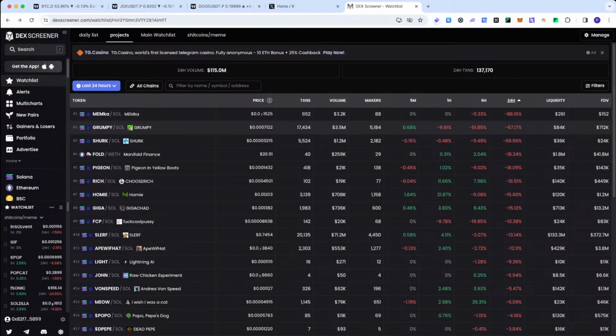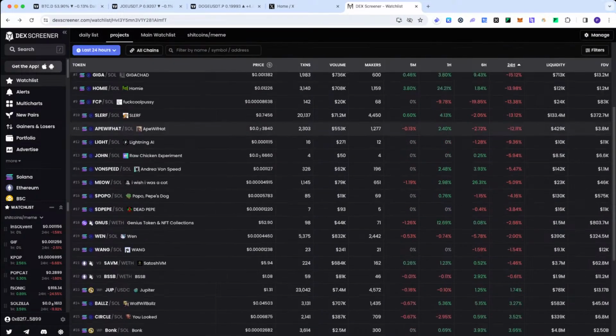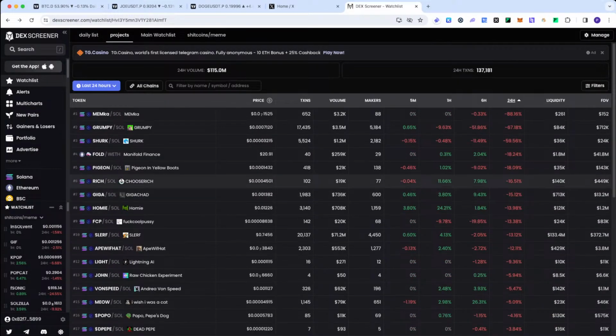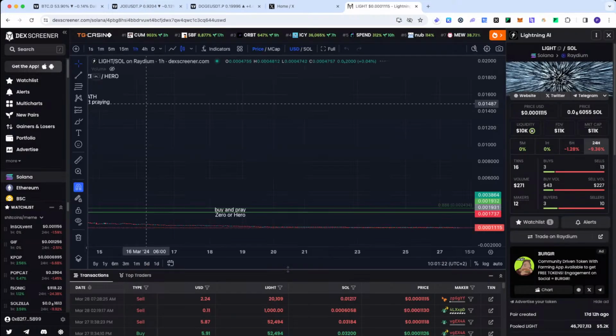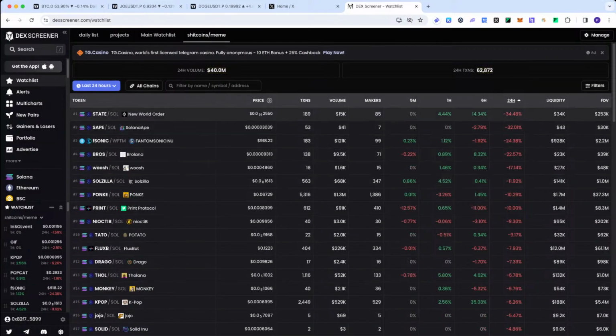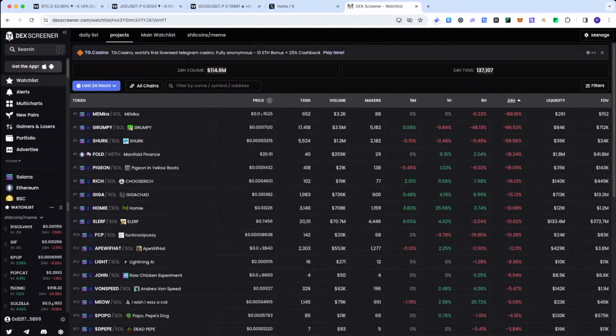Well, Grumpy still has some liquidity, but I had another one, I don't know if I still have it here, that was going straight down. Anyway, I could give you another example with Light, and you can see it's almost dead. So a lot of them all go to zero really fast.